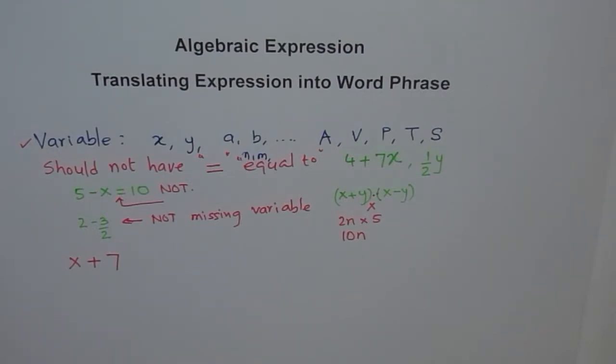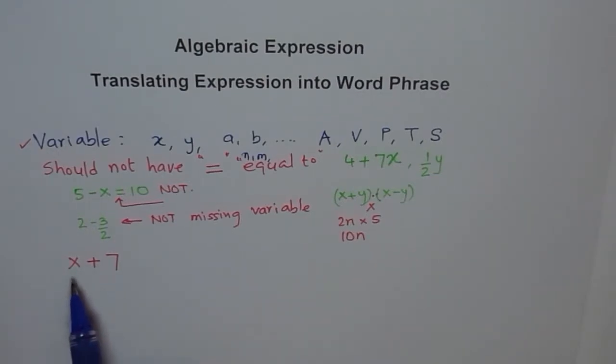Why is it an algebraic expression? Because it has a variable. If it has a variable and it does not have an equal to sign, it is an expression. Else it has more things also. This is an operator, an operating symbol which is like plus. Other symbols are minus, divide, multiply and things like that. And a number 7. So that makes it an algebraic expression.